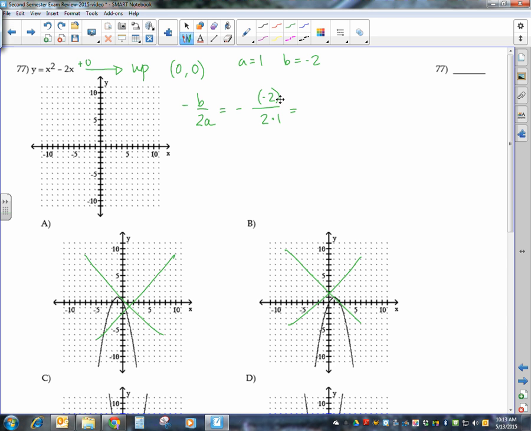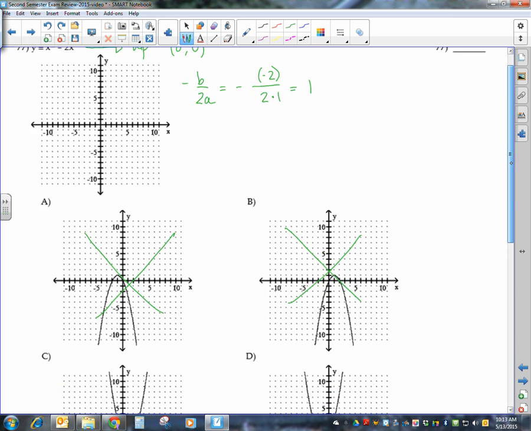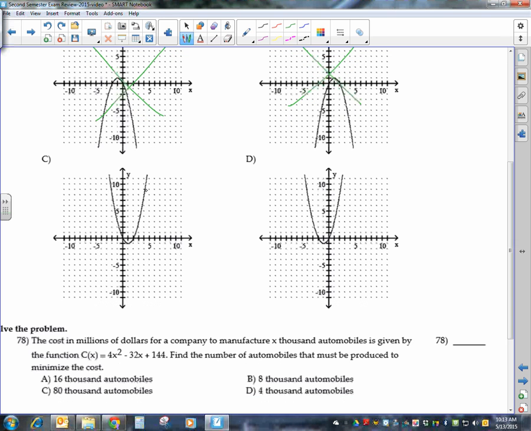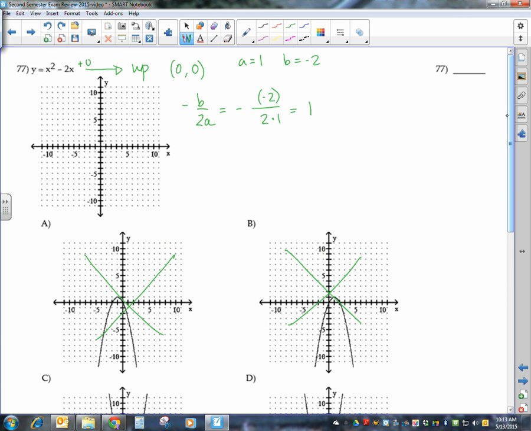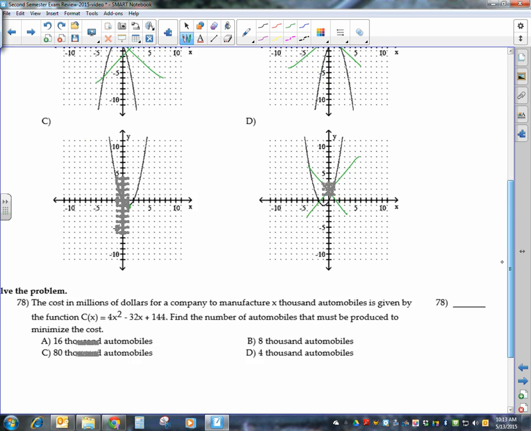Two negatives equal a positive. 2 divided by 2 is 1. So x equals 1 is the x coordinate of my vertex. Does this have x equal to 1? It does. Does this one? It does not. So my answer is C. This time you didn't even have to plug it back in. It's just a shorter way of doing that problem.